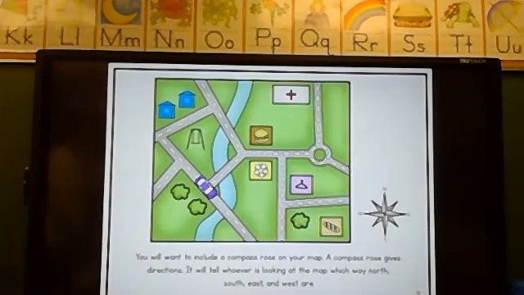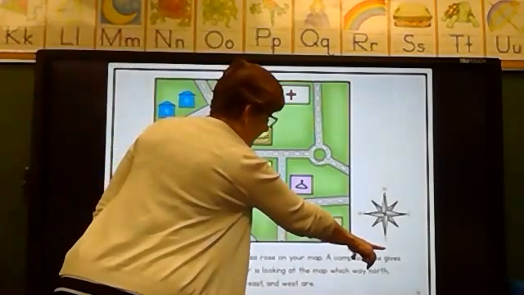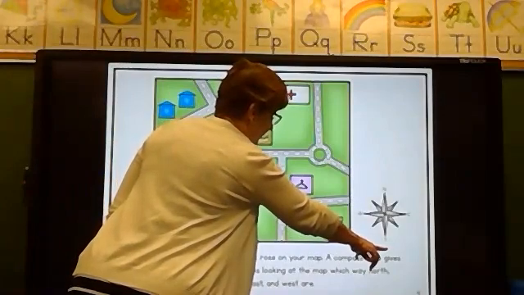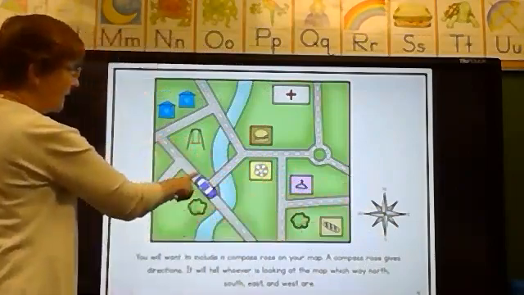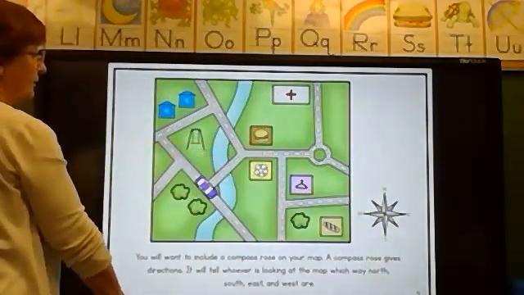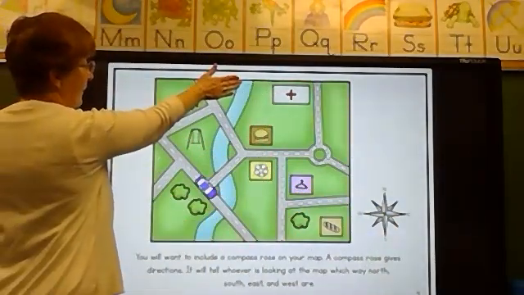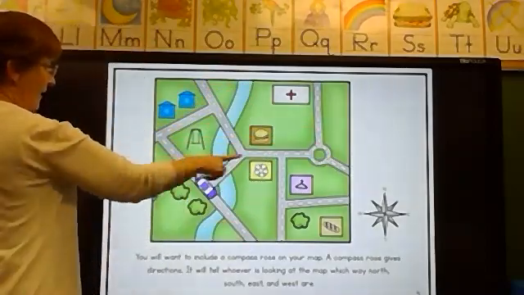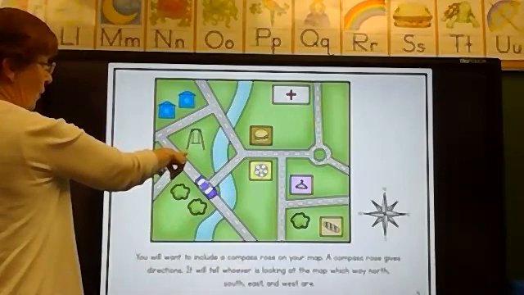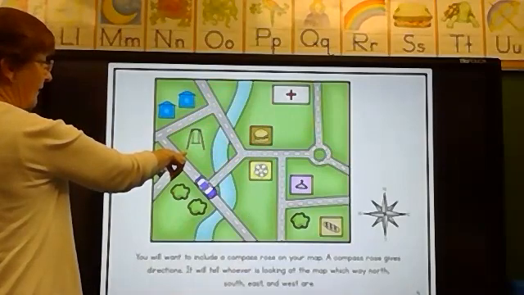You will want to include a compass rose on your map. Remember, this is a compass rose, and it gives us the directions of north, south, east, and west. When I look at this map and I see the compass rose, I see north, south, east, and west. The playground is to the west of where I'm standing.